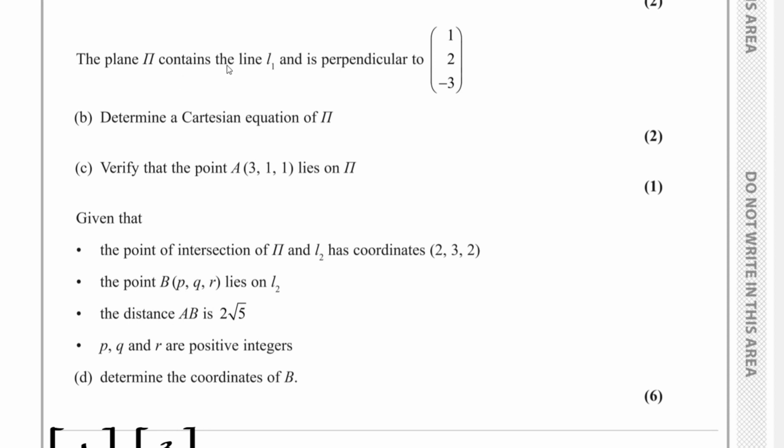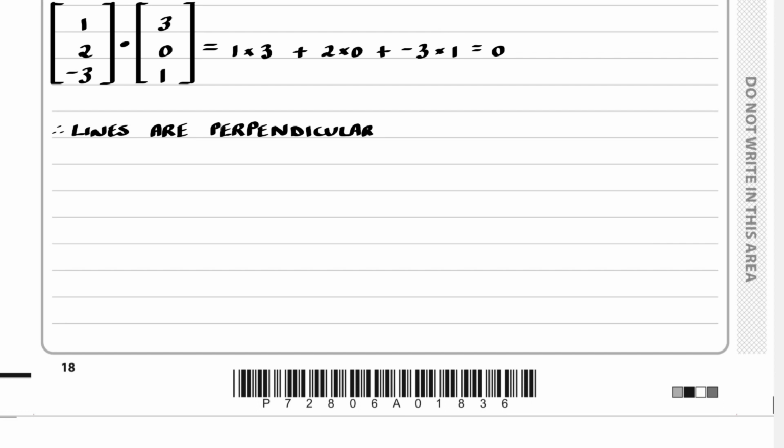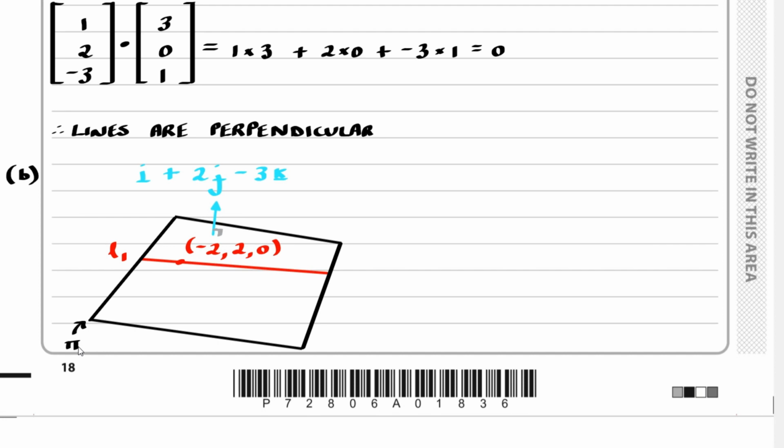The plane pi contains the line L1 and is perpendicular to i + 2j - 3k. We have to determine a Cartesian equation of pi. So, for part B, we begin with a diagram. We've got our plane pi. The line L1 is on the plane pi.